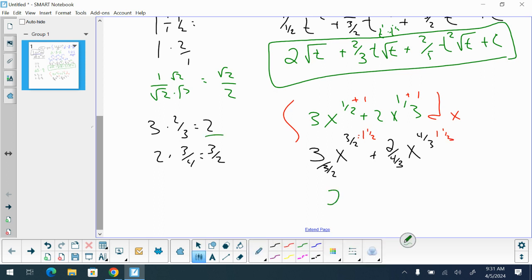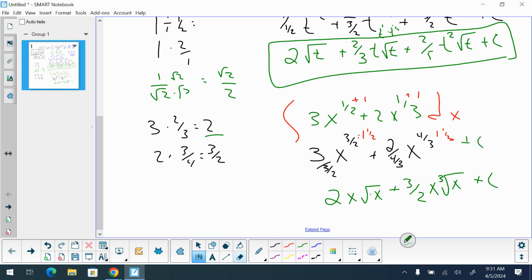So I will get 2 out of this, x, square root of x here. Oopsie. This will give me 3 halves. Then we've got x times the cube root of x plus c.